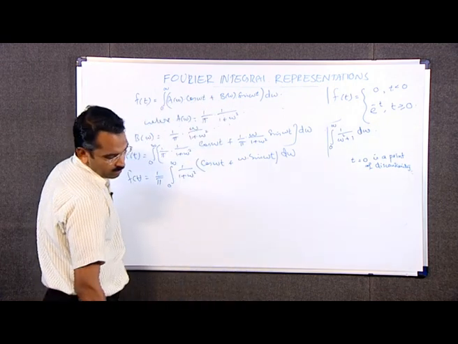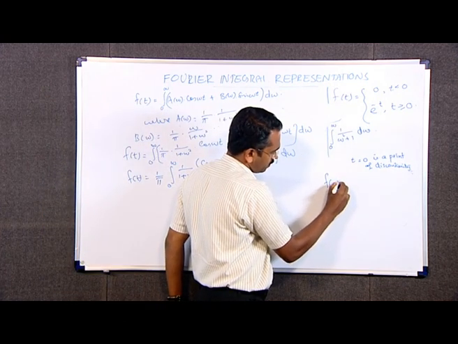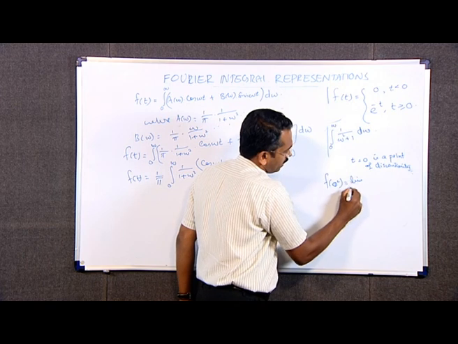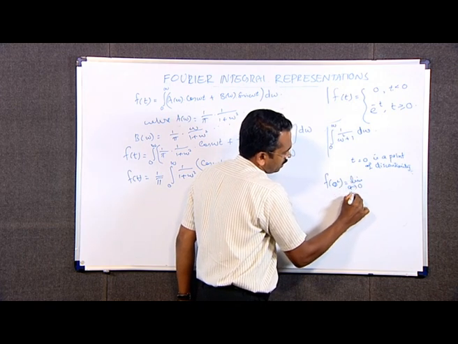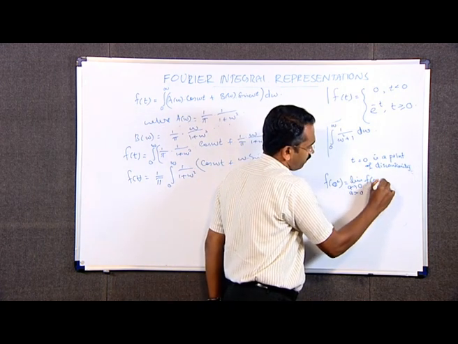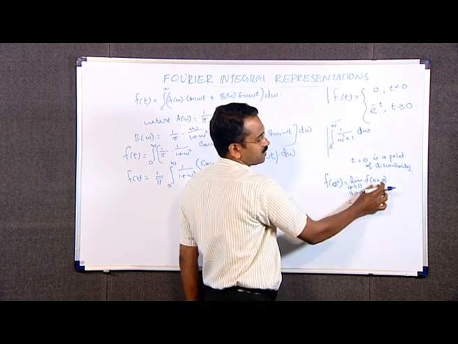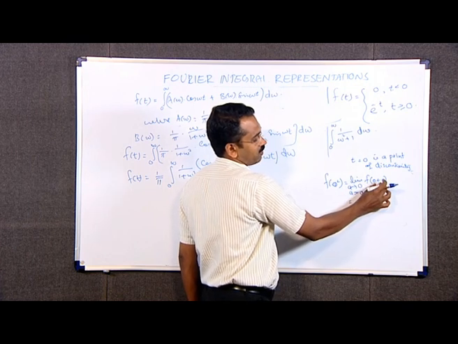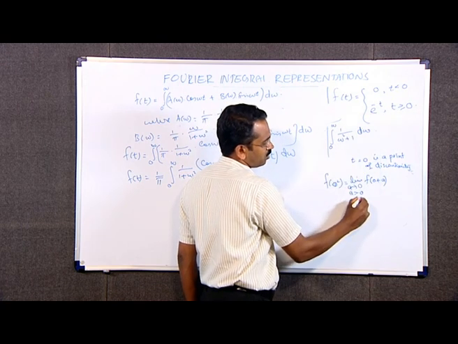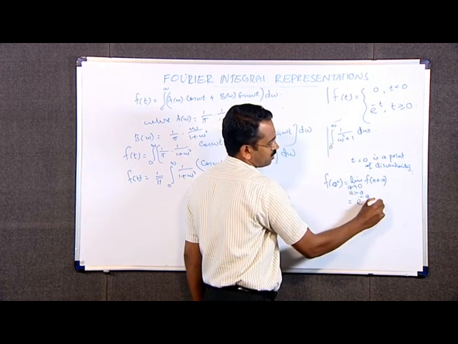Now, the right hand limit is f of 0 plus, which is equal to limit a tends to 0 where a is greater than 0, f of 0 plus a. This is equal to e raised to minus a. A tends to 0 means this is 1.